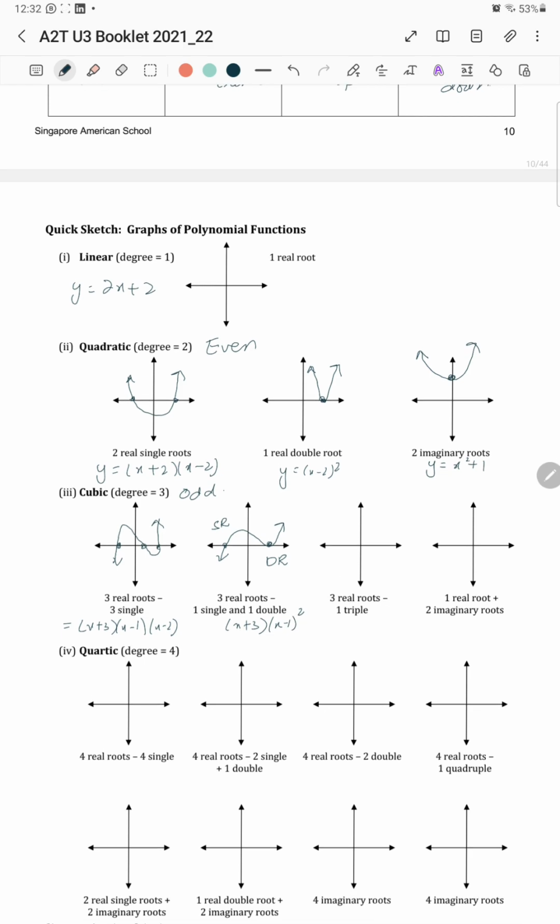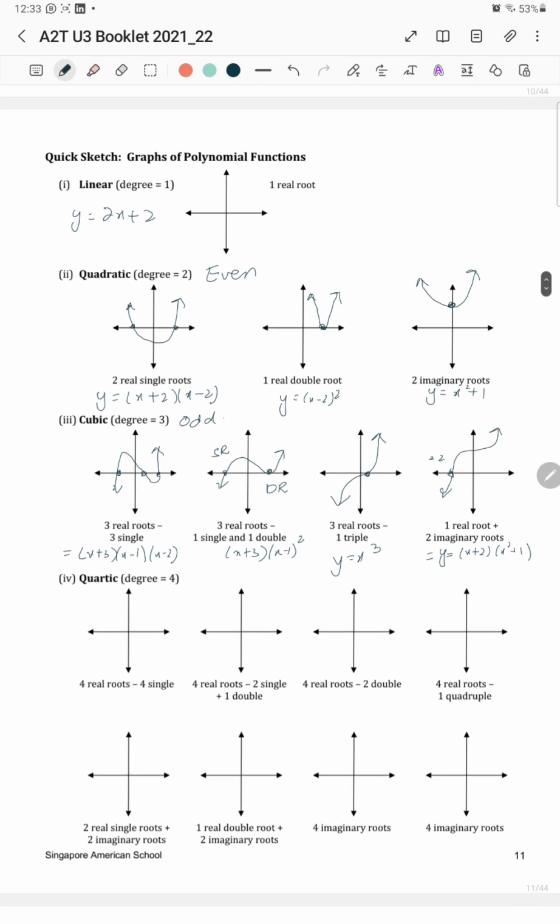Three real roots, one triple. One real root plus two imaginary roots means y is equal to (x plus 2)(x square plus 1).